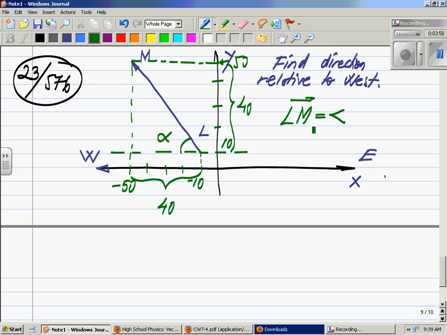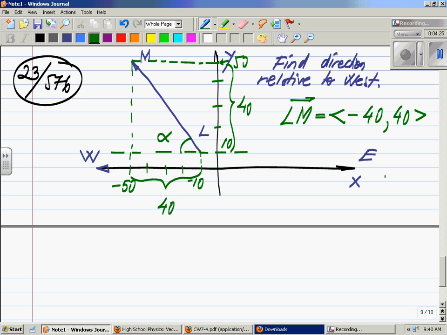Is it 40 units in the positive direction or in the negative direction? It's in the negative direction, goes from L to M. So it will be negative what? Negative 40. On the y-axis, its y component is also 40 units, but it goes in the positive direction. Okay?